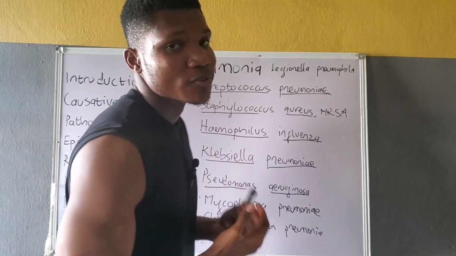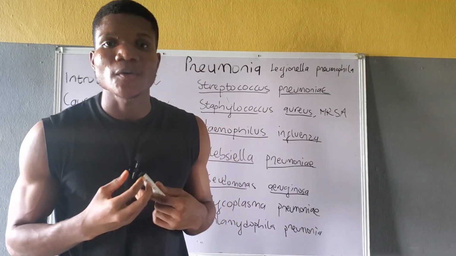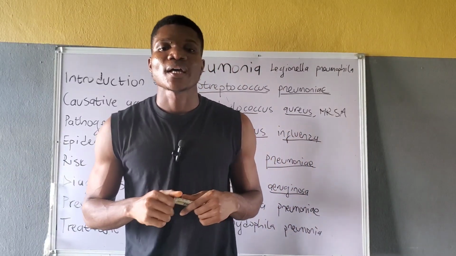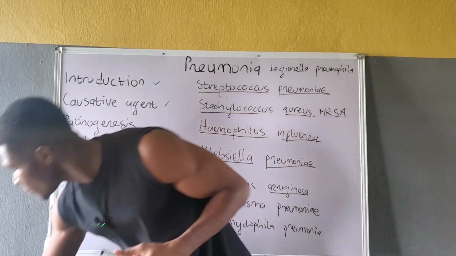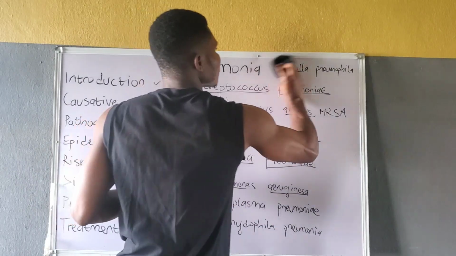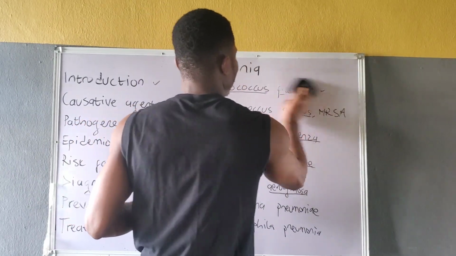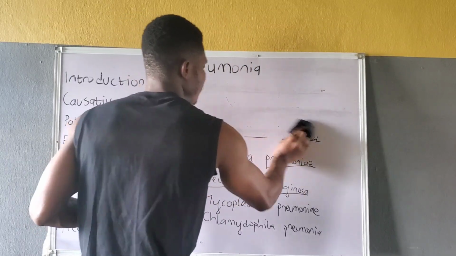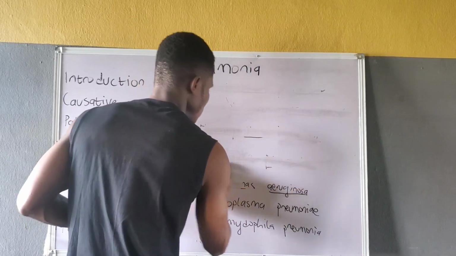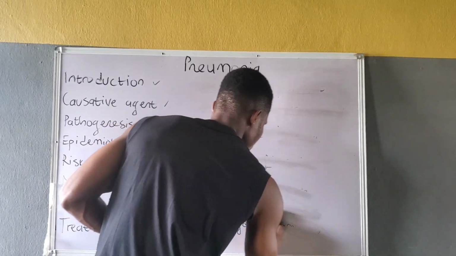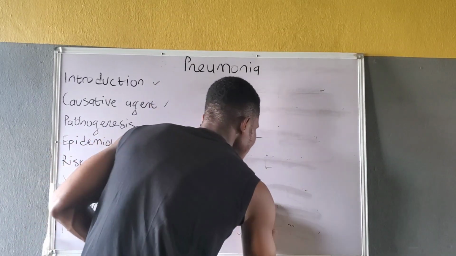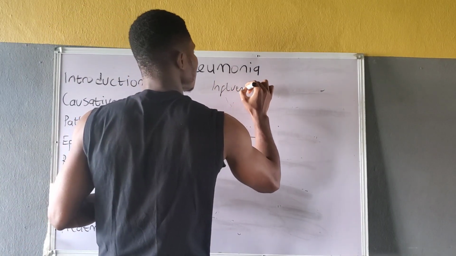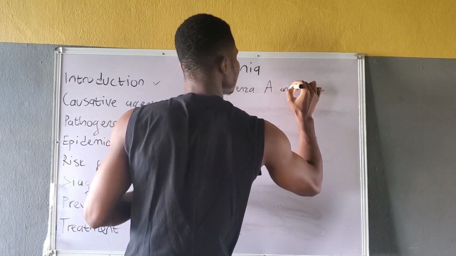We also have viral pneumonia. Viral pneumonia is more predominant in children, and it is usually caused by viruses which include the influenza virus, particularly influenza A and B virus.